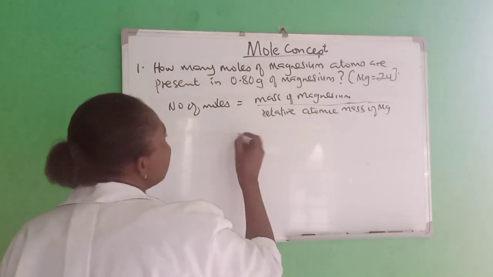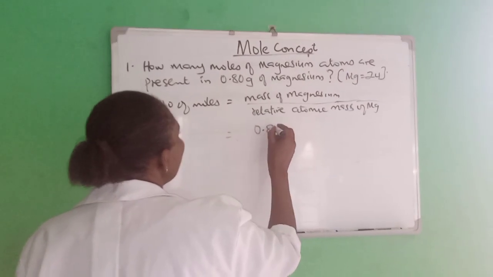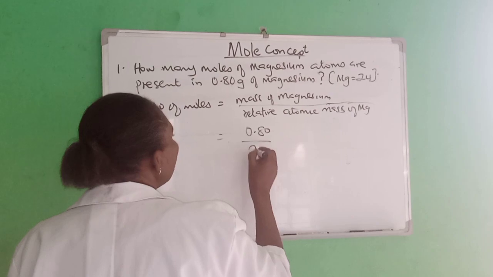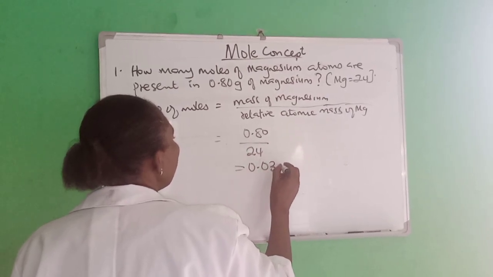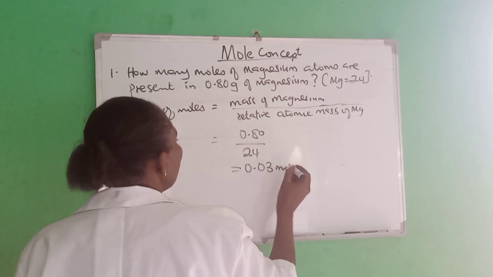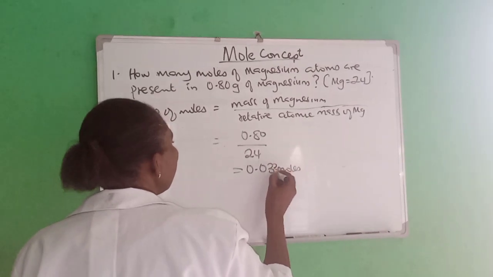So how do we do it? We say 0.80 divided by 24, and that will give us 0.033 moles.